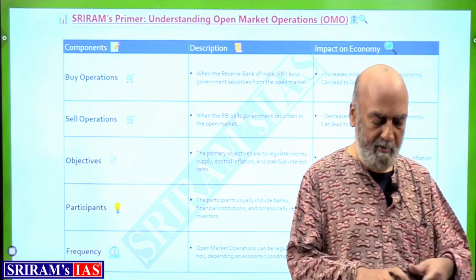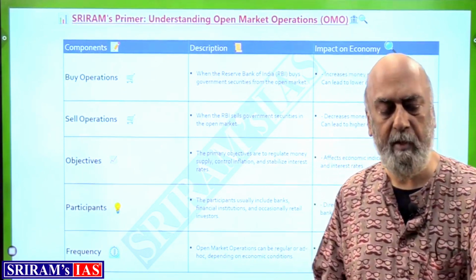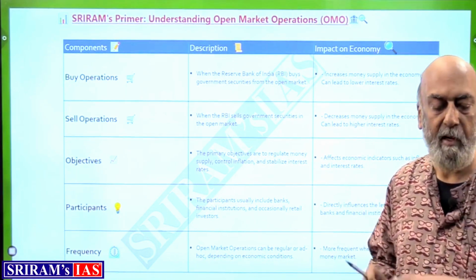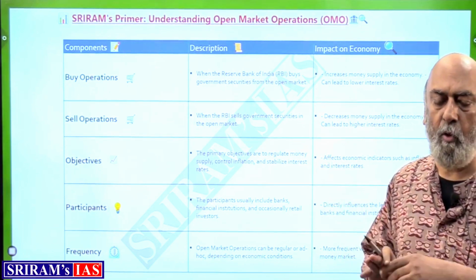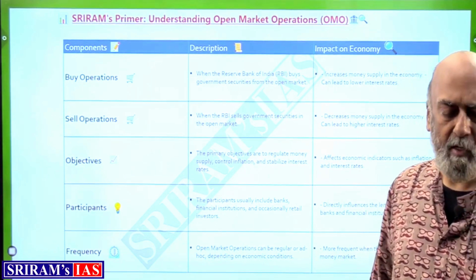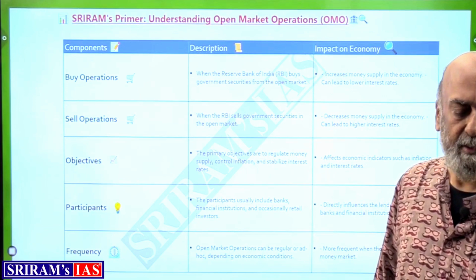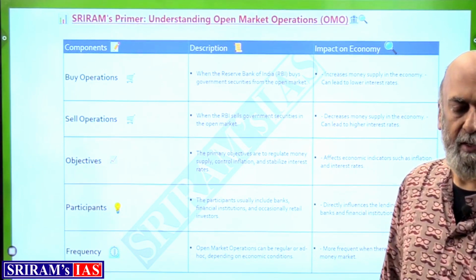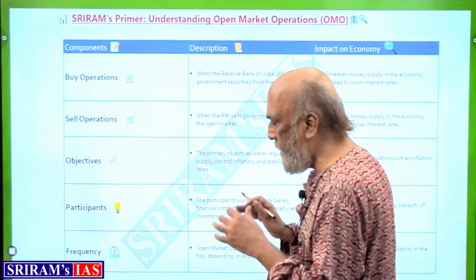In one, sir, you keep it and give me the money. Tomorrow I'll come back and return the money and take this back. That's LAF. And in OMO, sir, I'm selling this. This is worth 50. How much will you give me? Whatever you give me. So outright buying and selling.